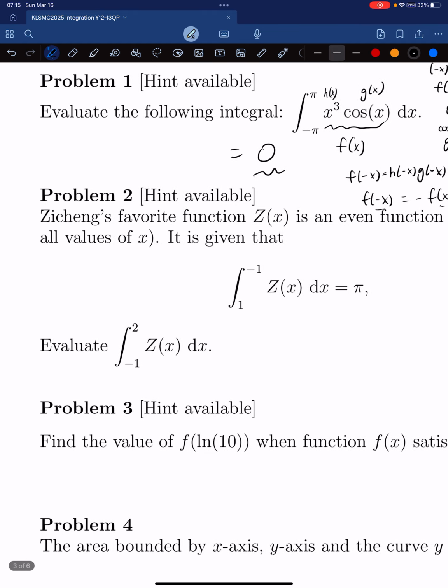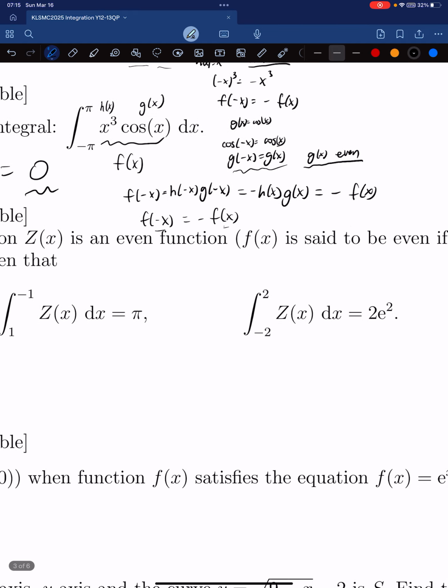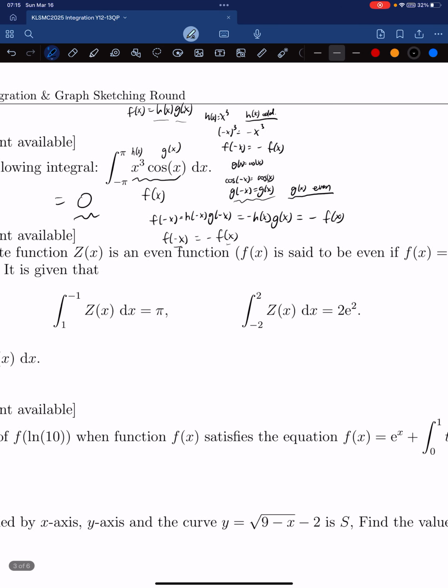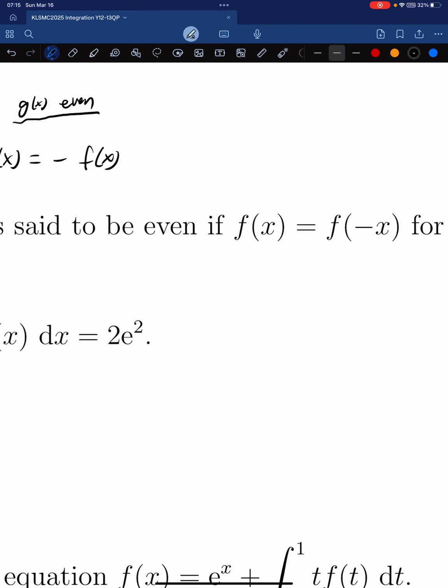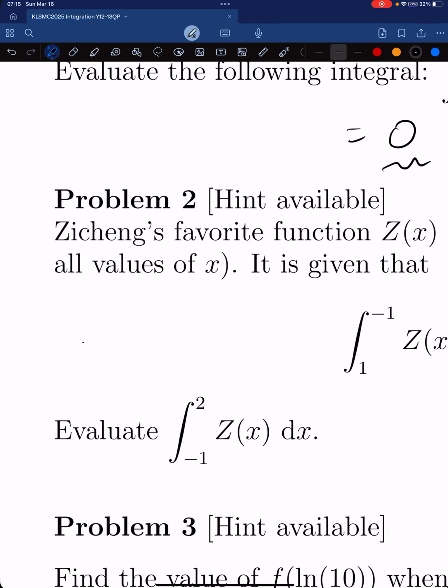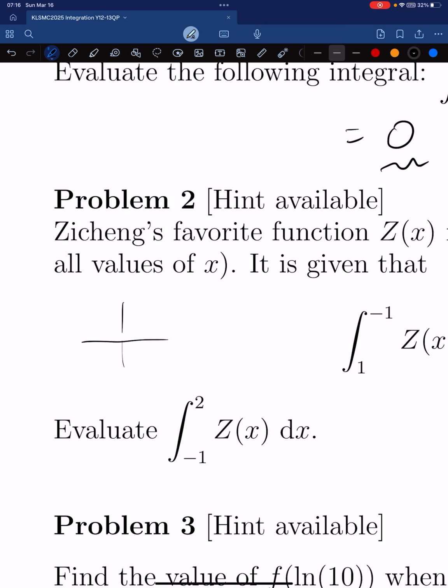Recall the definition of an even function: f of x equals f of negative x. This means our function is symmetric about the y-axis. For example, this is an example of an even function, symmetric about the y-axis.